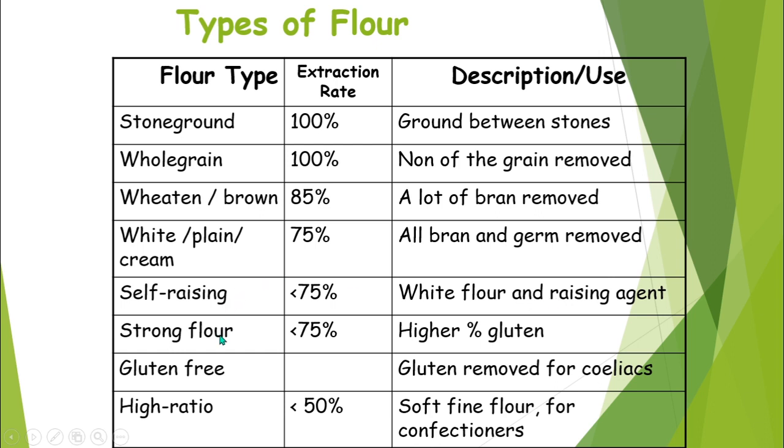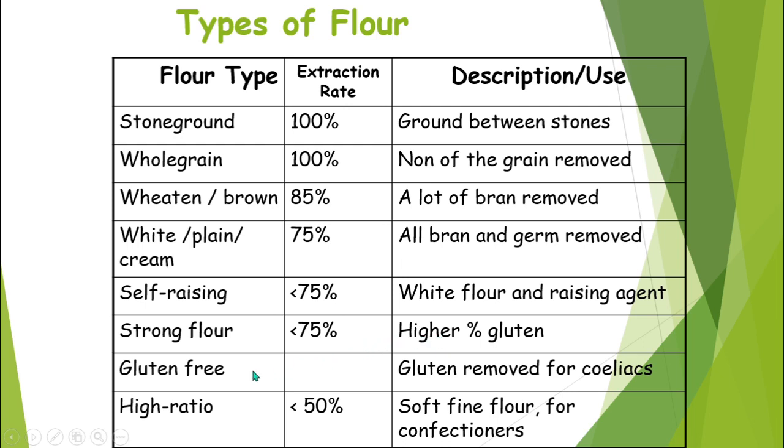Then we come to strong flour. Strong flour has a higher gluten percentage. It again has an extraction rate of less than 75%, and it is known as strong because the gluten content is very high. Gluten is added from outside sources, like vital gluten.